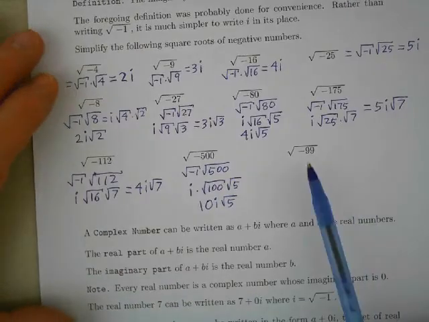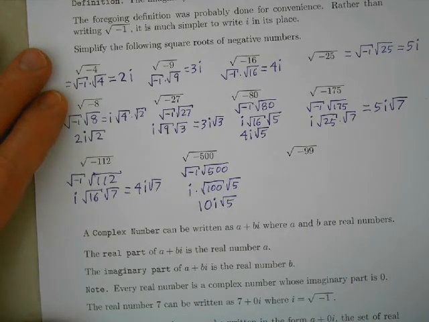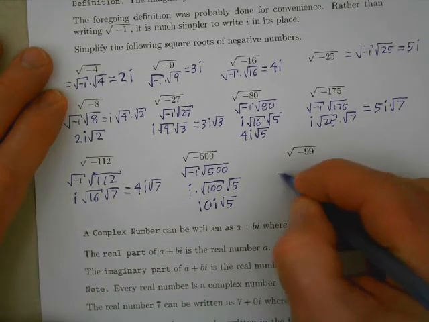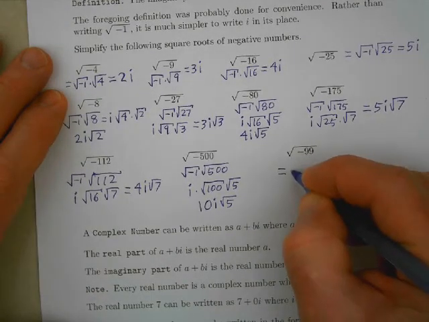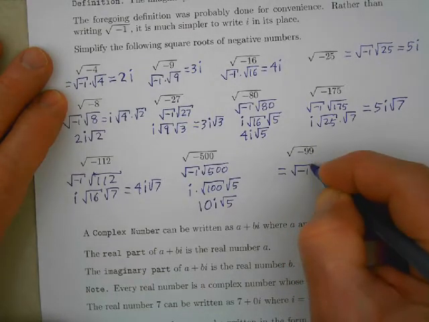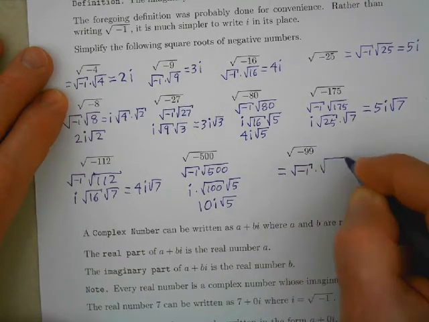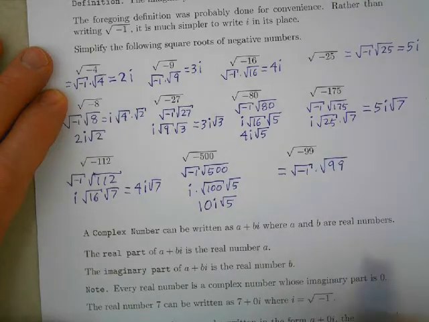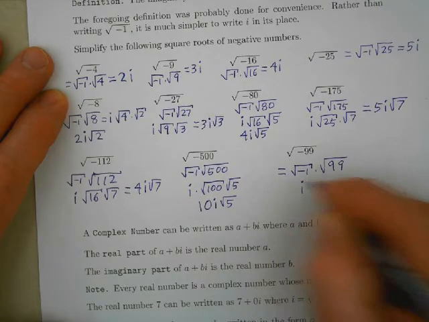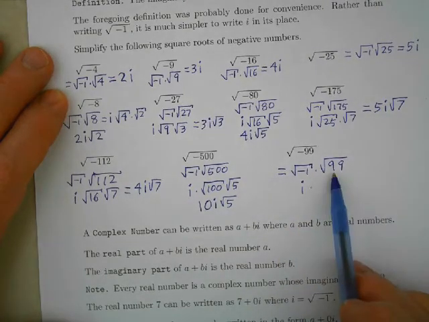Finally, the square root of negative 99, first write it as the square root of negative 1 times the square root of 99. The square root of negative 1, we replace with I. The largest factor of 99 that's a perfect square is 9. 9 times 11 is 99.